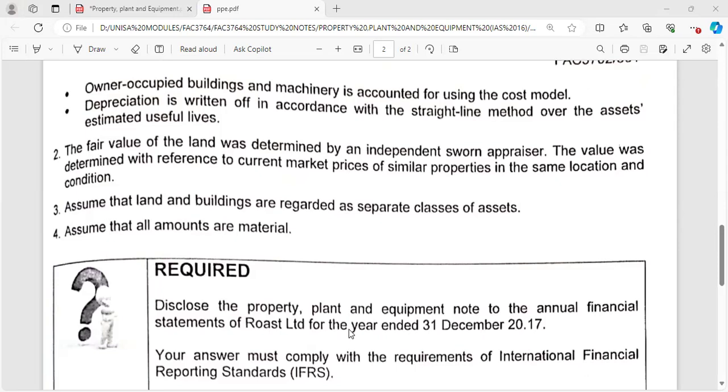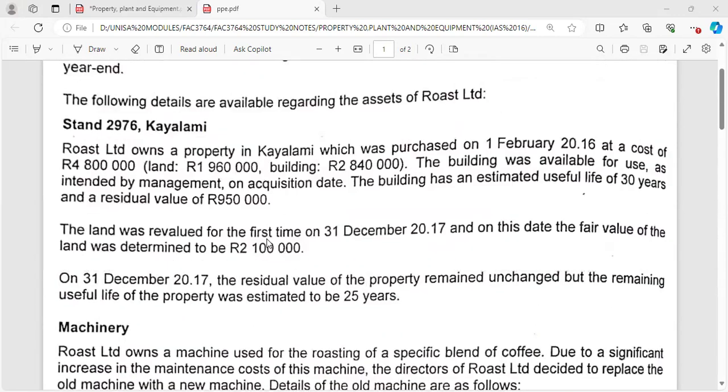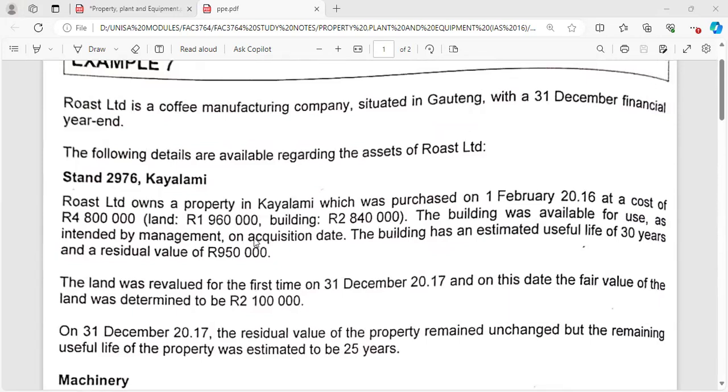If we are to disclose the property, plant, and equipment, what is needed there? We need the carrying amounts of the assets. That's the only thing you need when you are disclosing property, plant, and equipment. You need the carrying amount of the asset. So you can now come here and look at the assets.